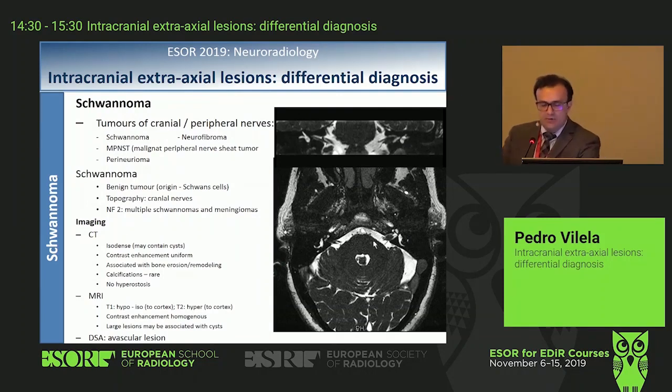This is a T2 CISS, high-resolution T2, and you see the lesion inside the internal auditory canal in relation to the cranial nerves. So this is a vestibulocochlear schwannoma. Another thing is that meningiomas tend to induce a hyperostosis, and in opposition, the cranial nerve tumors will actually enlarge the foramen where they pass.